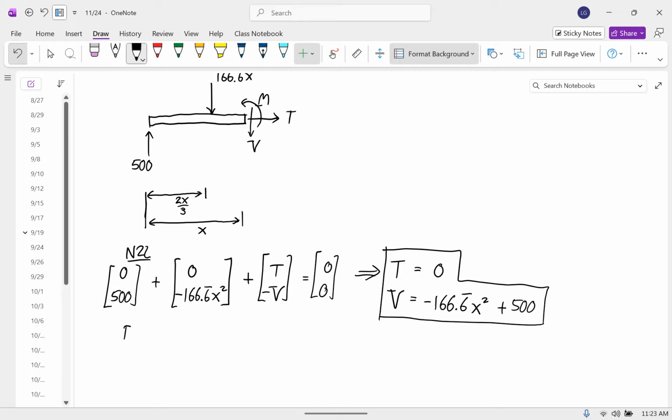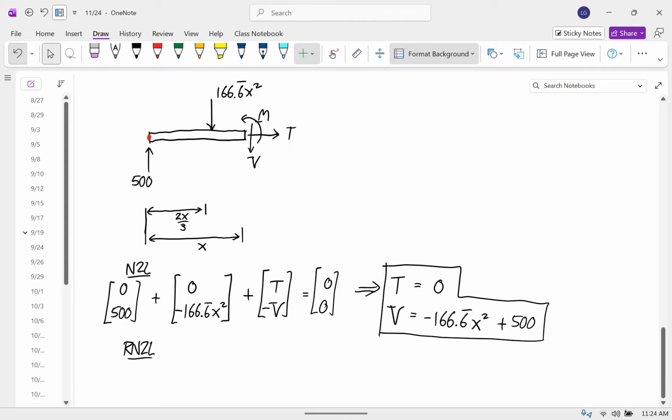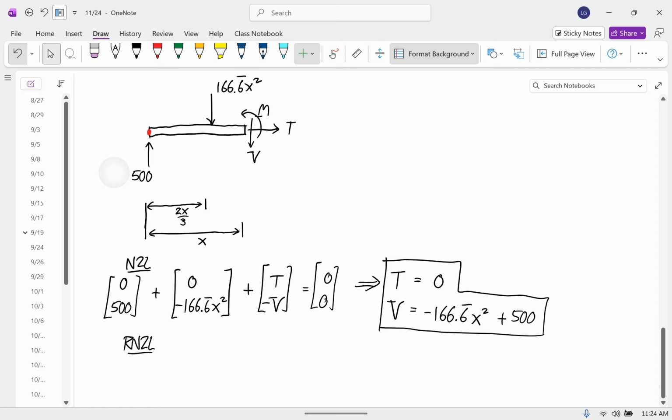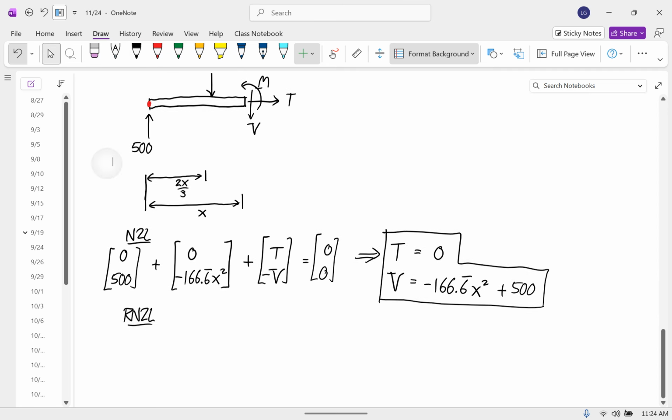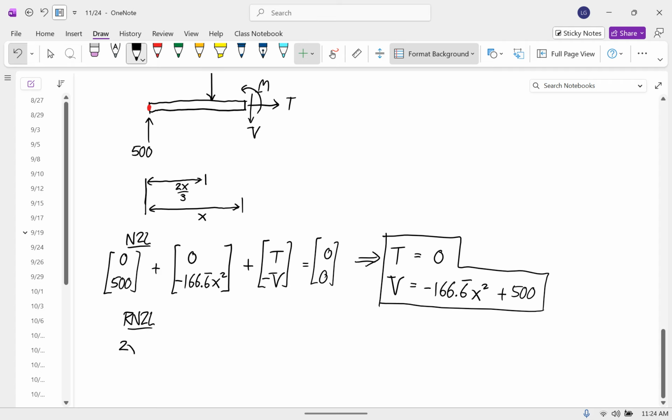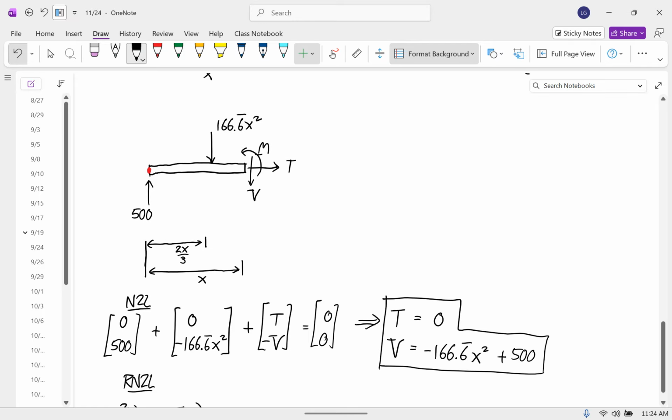And now the moment equation. So my about point is at the left for all of these cuts. The 500 doesn't produce a moment. The downward 166x squared has a moment arm of 2x over 3, a force magnitude of 166.6 repeating x squared. Would that make it rotate clockwise or counterclockwise around the about point?